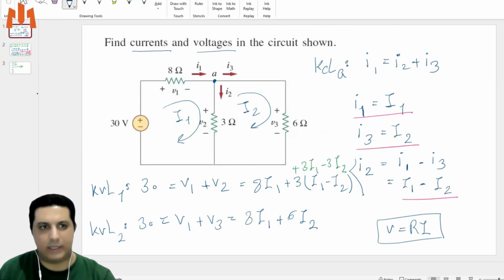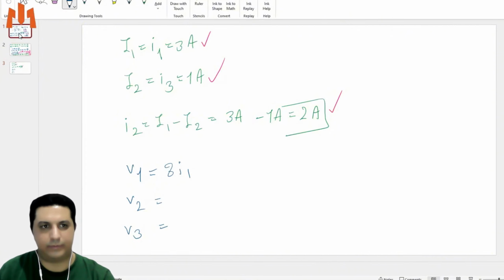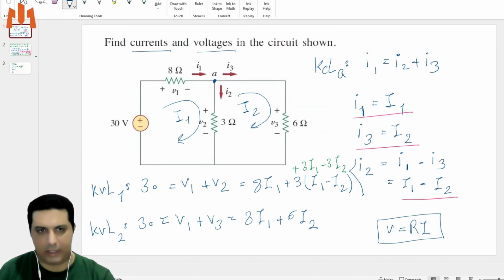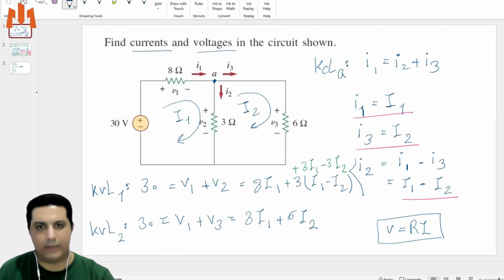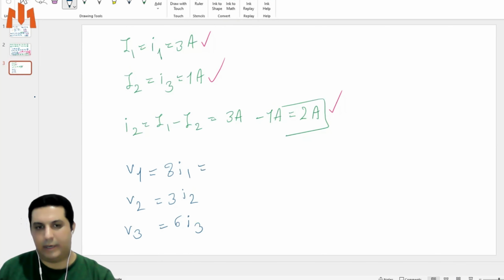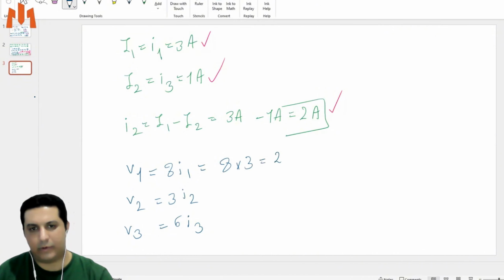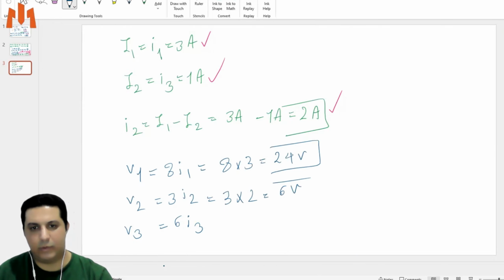Right now let's go and find V1, V2, and V3. Based on the circuit, V1 is 8 times I1, V2 is 3 times I2, and V3 is 6 times I3. So 8 ohm times I1, which is 3 ampere, is 24 volts. V2 is 3 I2, and I2 is 2 ampere, so 3 times 2 is 6 volt.